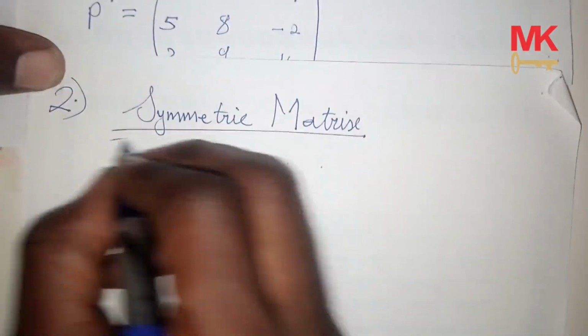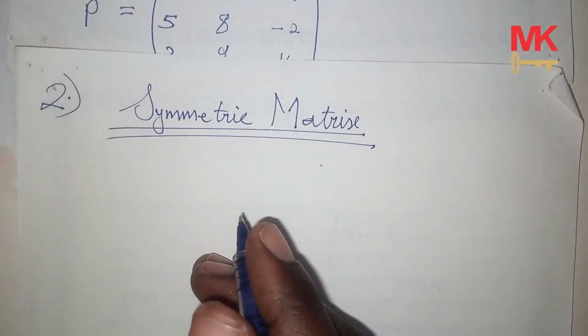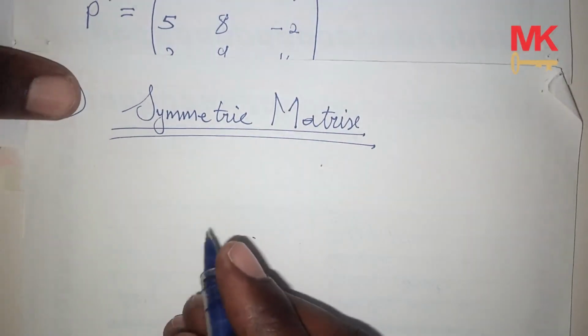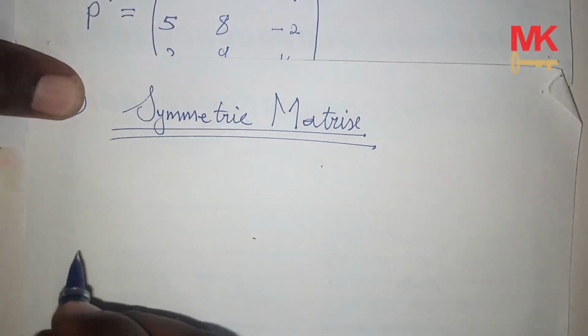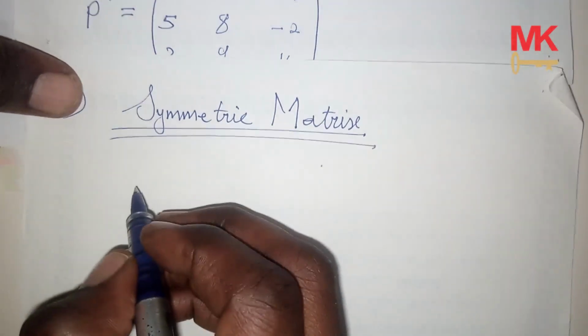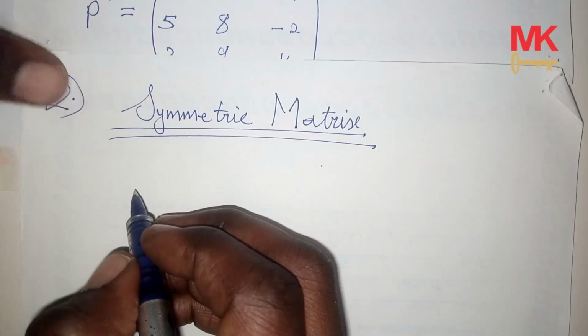What is a symmetric matrix? This is simple. It's a type of matrix in which the transpose of the matrix itself equals the matrix. There are some matrices that when you transpose them, you discover that their transpose is the same thing as them.